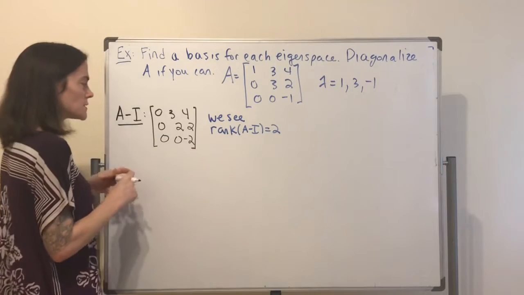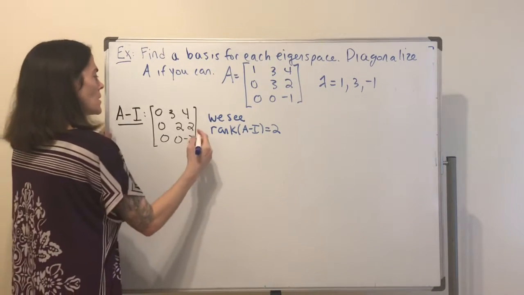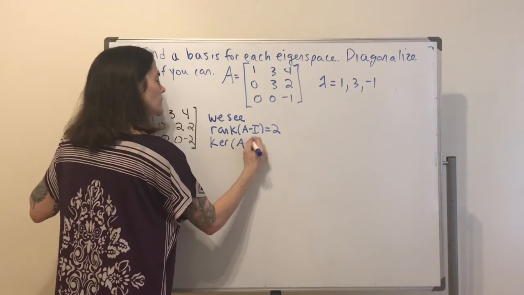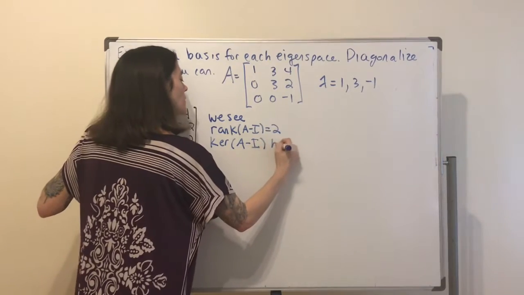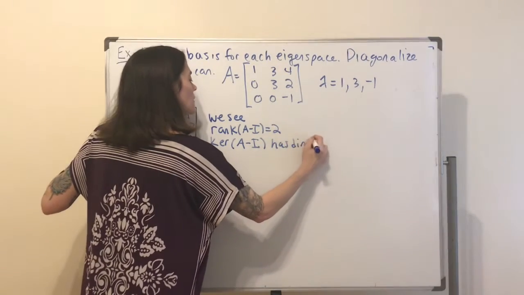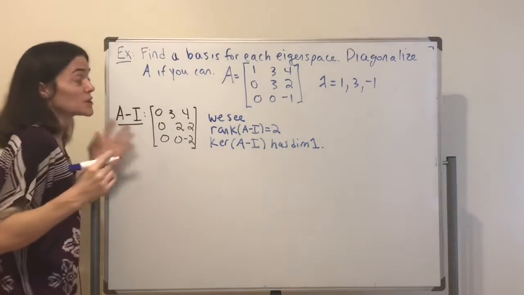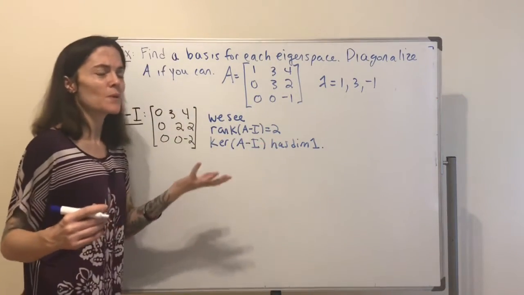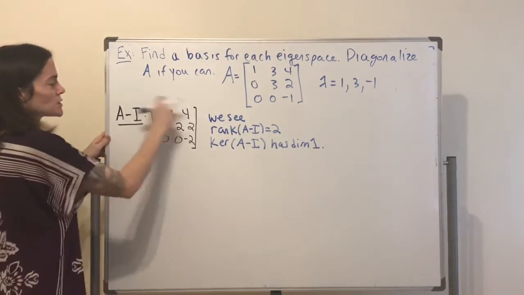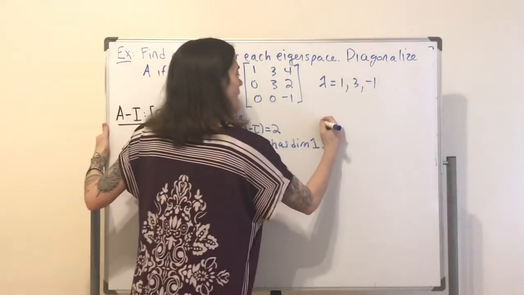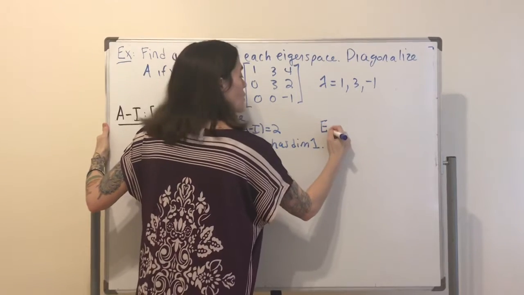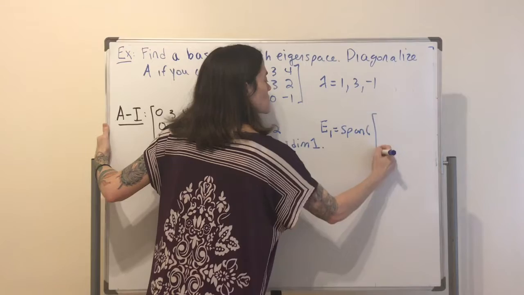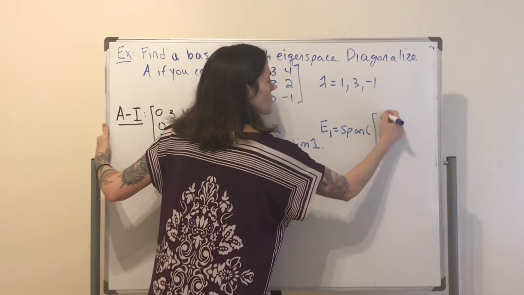So the kernel has dimension 1. All I need to do is find one non-zero element in the kernel and it will be a basis. You can see just by looking at this that E1 will be the span of just this one vector, 1, 0, 0.